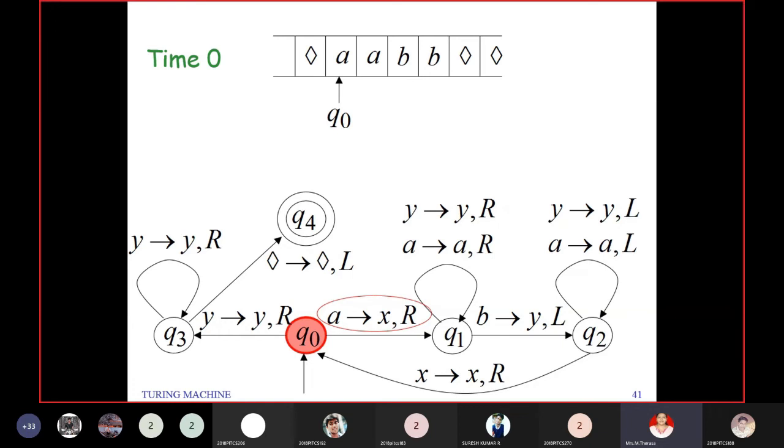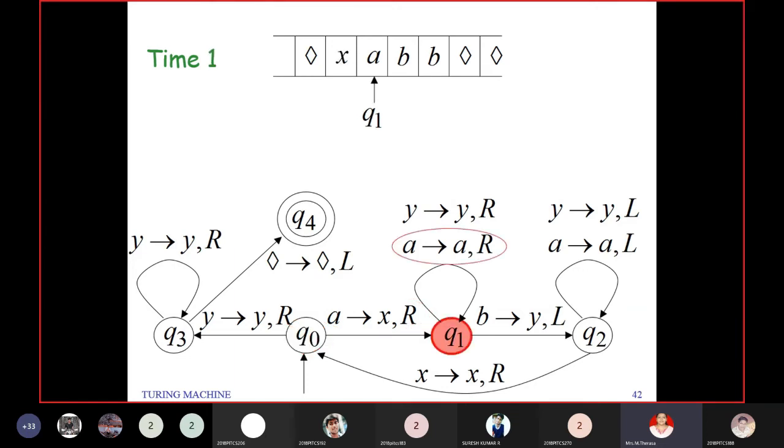Okay, so as usual, the machine starts from Q0, the initial state, and the first symbol of the input string is A. So Q0 comma A, what happens?